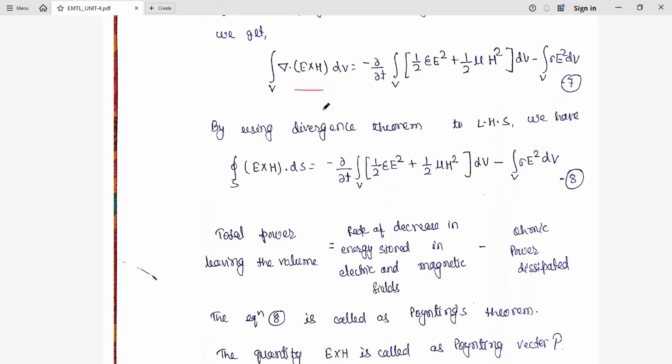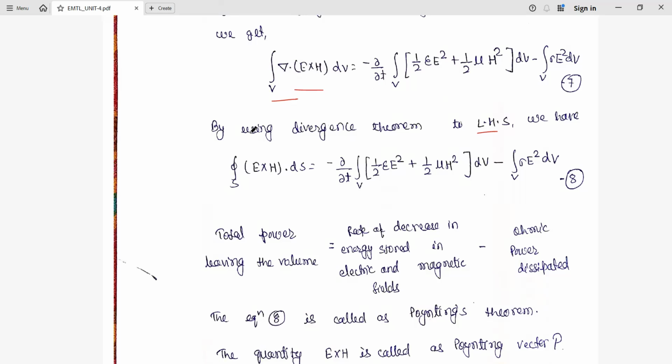So now we are going to apply the divergence theorem to the LHS, since the divergence theorem gives the relation between the volume integral and the surface integral. That volume integral is here in the equation 7 LHS.